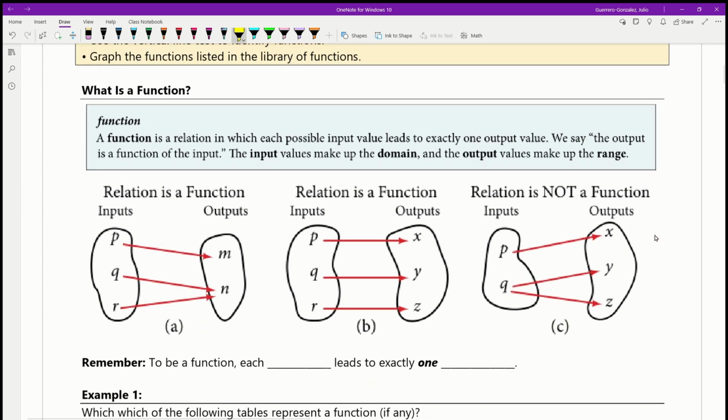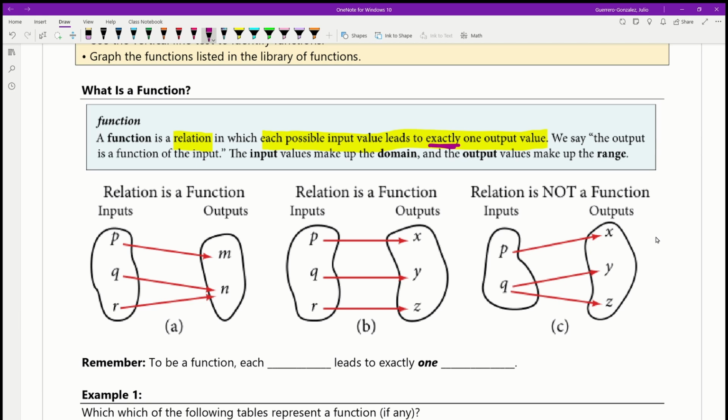I want to first define what a function is. A function is a relationship between two different sets of stuff. And this is the important thing: each possible input leads to exactly one output. The important word here is exactly. There's only one output for every input.